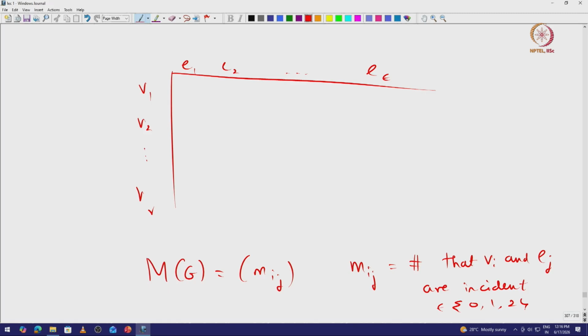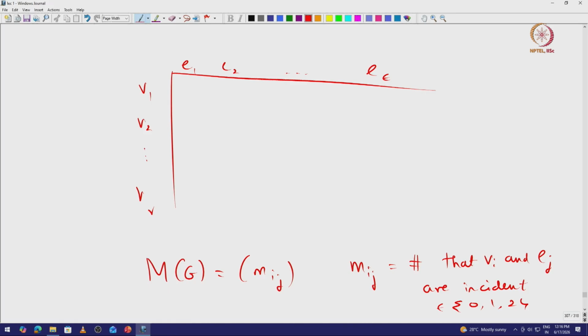It is 0 if vi and ej are not incident, that means vi is not an end of ej, and it is 1 if it appears just once, and it is 2 if ej is a loop at vi.